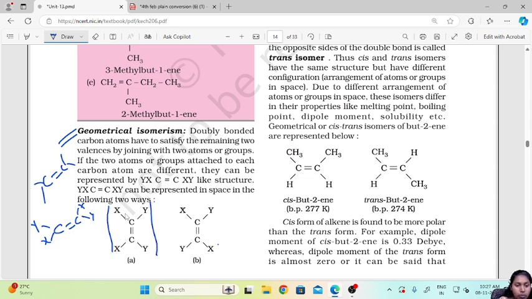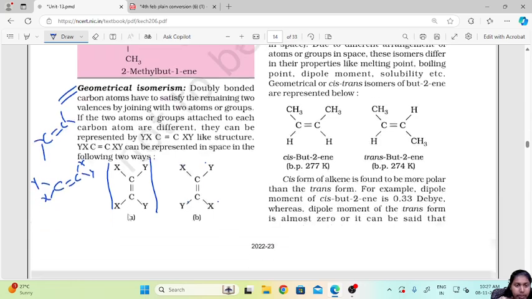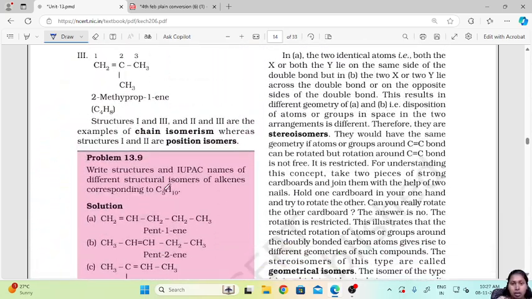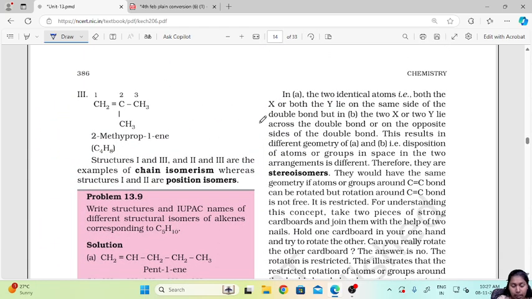In the other, they are oppositely placed. Now in A, where both X's are on the same side, the two identical atoms, that is both X or both Y, lie on the same side of the double bond. But in B, what happens? They are present cross to each other, right?